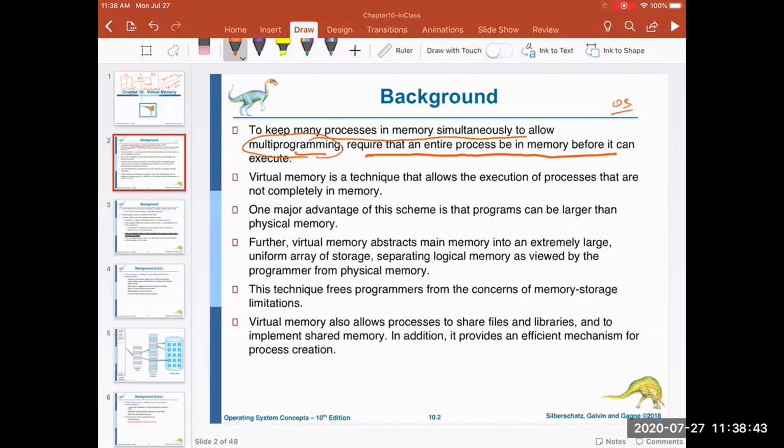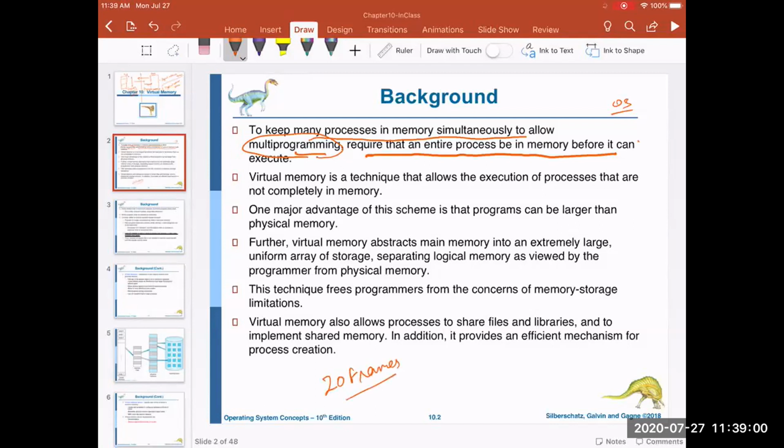Now, what we are going to discuss is that we are going to divide each and every program; we have already discussed pages, we have already discussed frames. Let us suppose there are 20 frames related to one program.